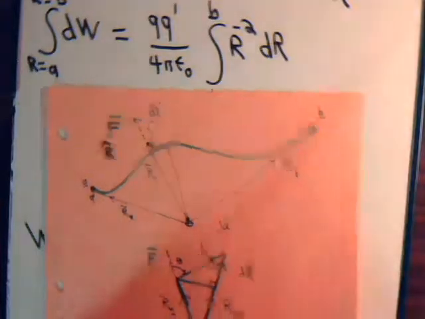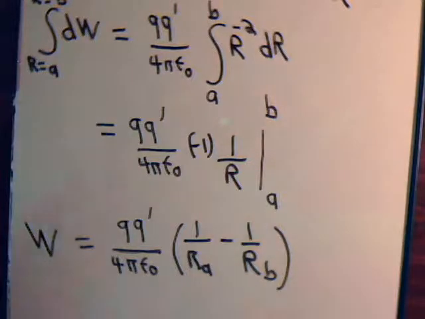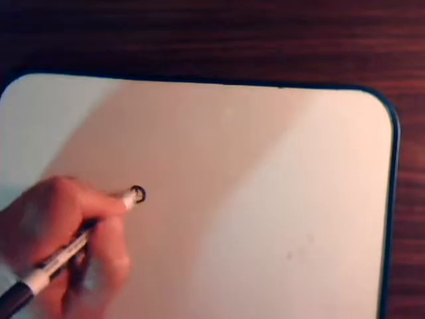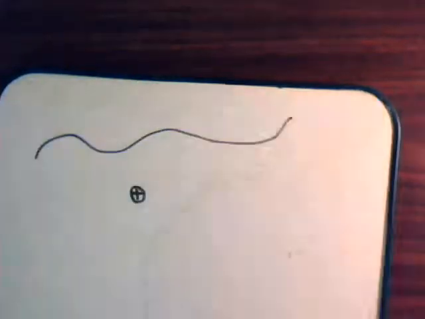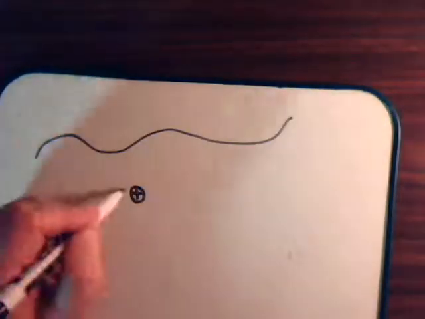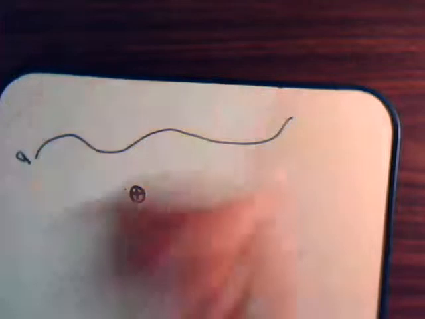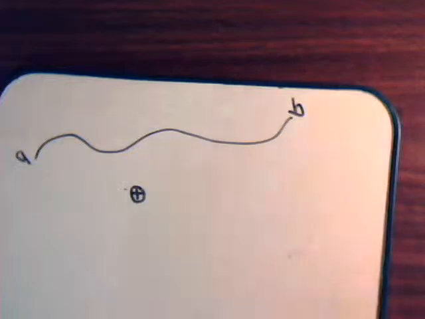So for example, when we have the problem set up, here was our stationary plus charge, and then we had a test charge, and we were moving around like this. This is point A, this was point B.